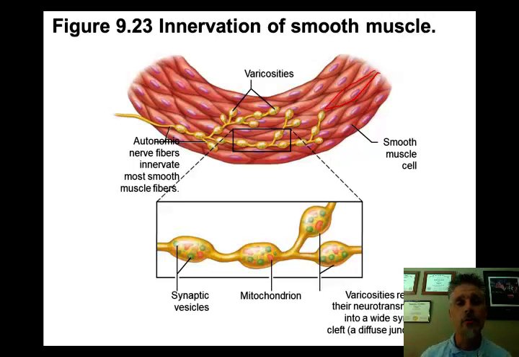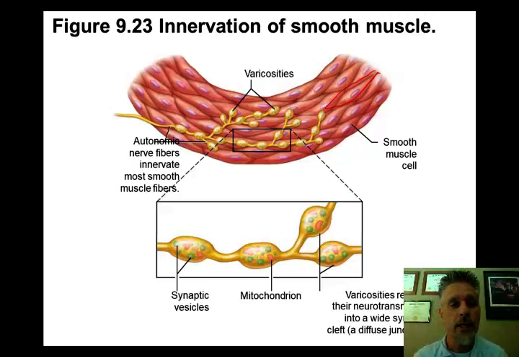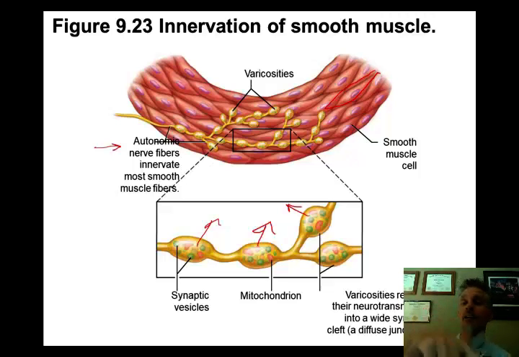When you see down here in terms of a motor unit, having one synaptic end bulb on one cell, look, they have these varicosities, lots of different places where we can release our neurotransmitters to stimulate lots of these cells. And these are what are called autonomic nerve fibers, which are part of the autonomic or automatic part of the nervous system, as opposed to our conscious level, if you will, motor neurons.